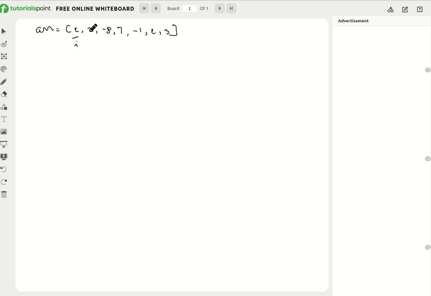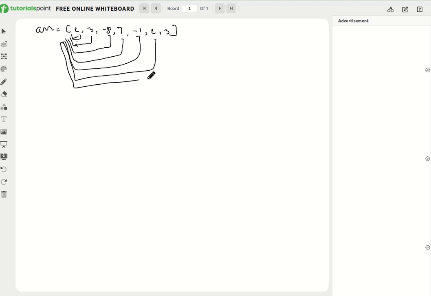So what will be the subarrays of this array? Just the first element is a subarray, and then these two elements are also a subarray, these three, then these four, this one and the whole array.